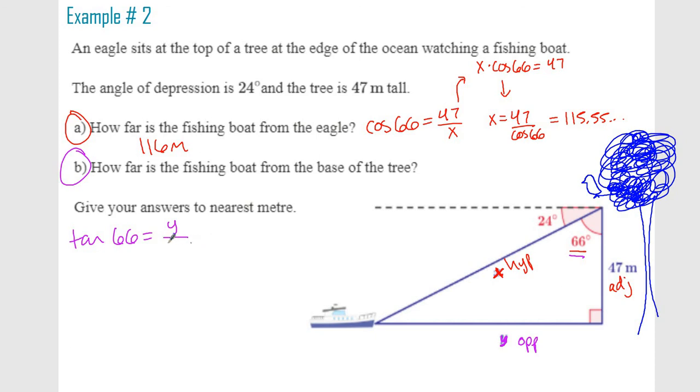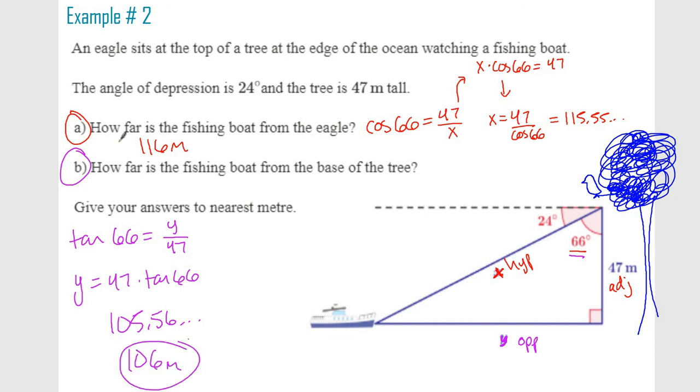Y over 47, so Y is just 47 times tangent of 66. We get 105.56... to the nearest meter would be 106 meters. Hopefully that makes sense.